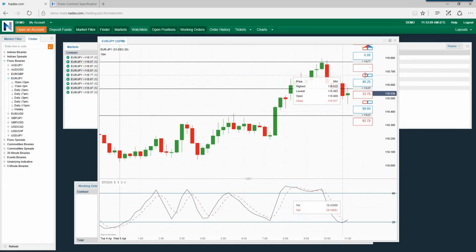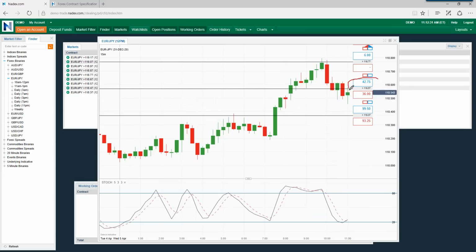Now, do you notice these red and blue boxes right here? That tells me there are additional strikes between these two strikes here. Does everybody understand that?